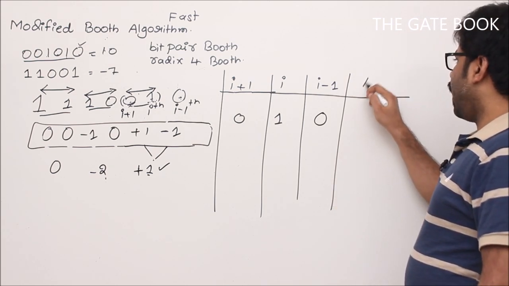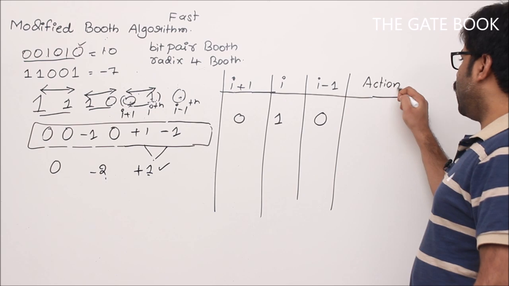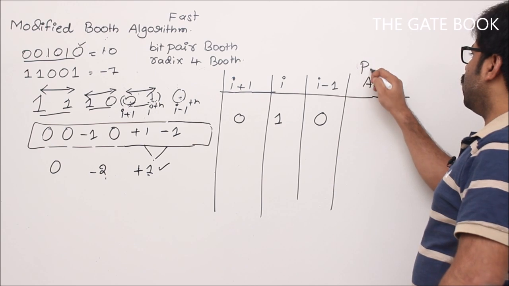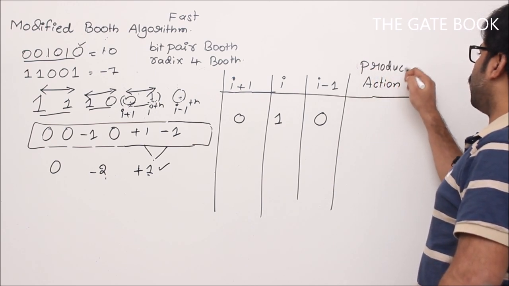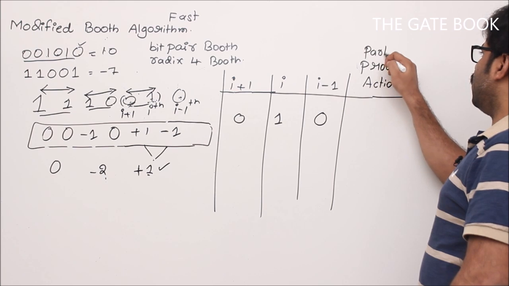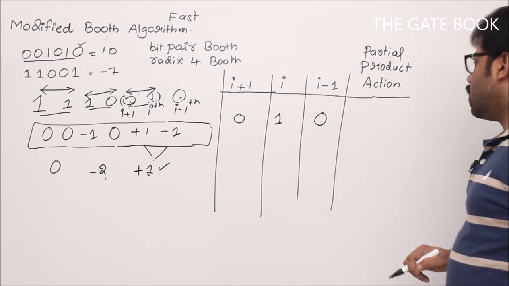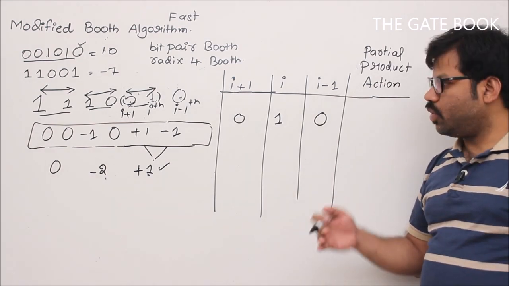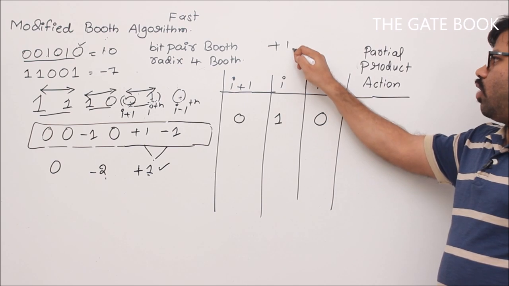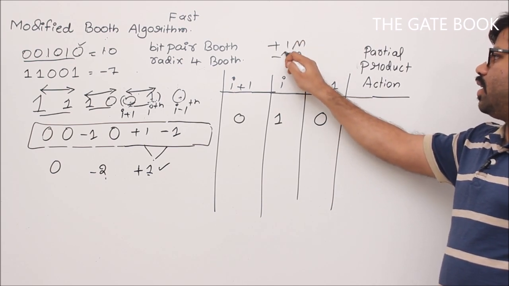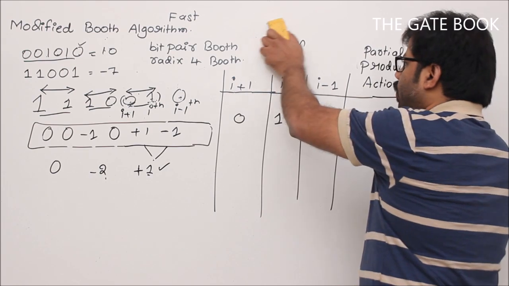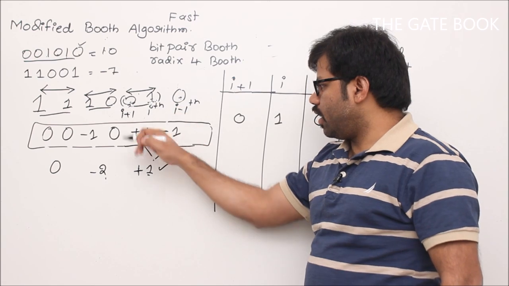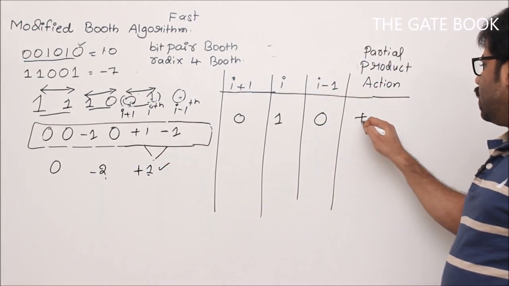That action is going to generate a partial product. What partial product are you going to take? Is it 0, or plus 1 into m, or minus 1 into m, depending on this code, correct? So now we will see. Since 0, 1, 0 is finally converted to plus 1, the action is plus 1m.